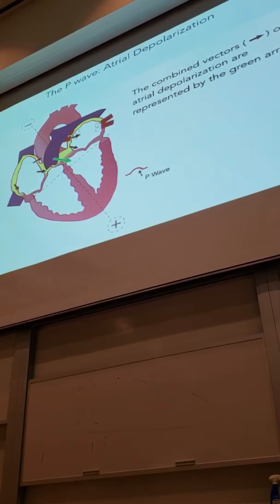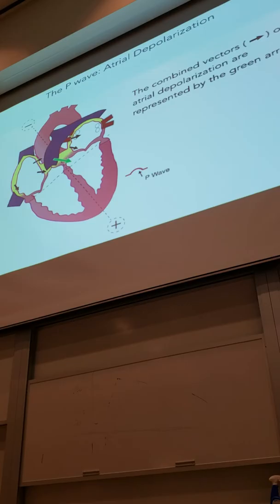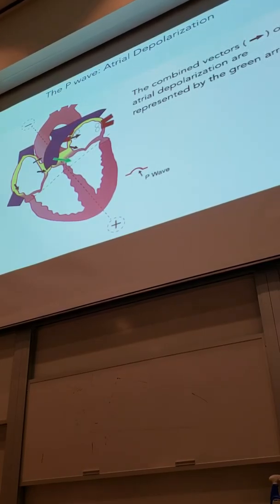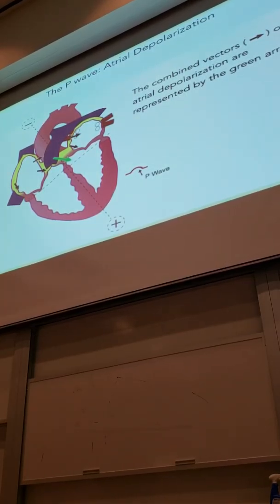So the EKG is responding to all these little individual vectors, but it's sort of averaging together in the way that my arrow represents the average. So this is happening in time. Where would the SA node fire off its action potential?